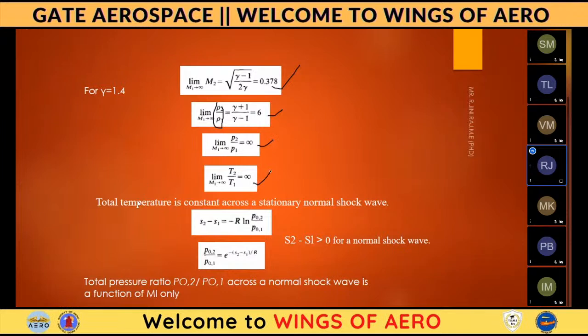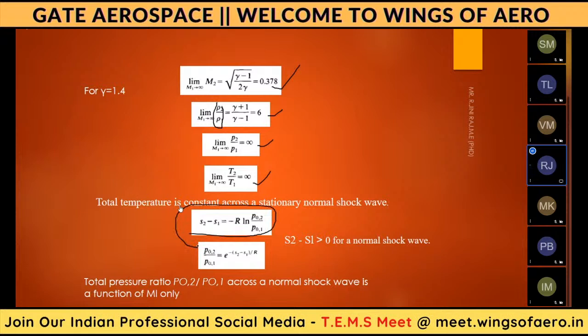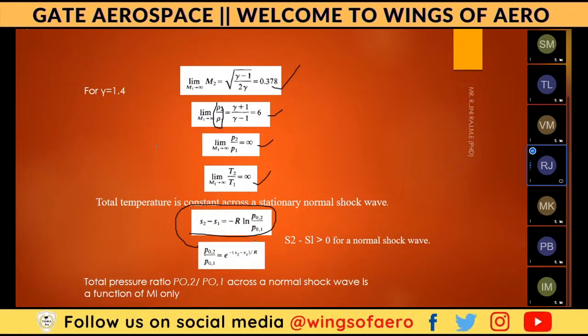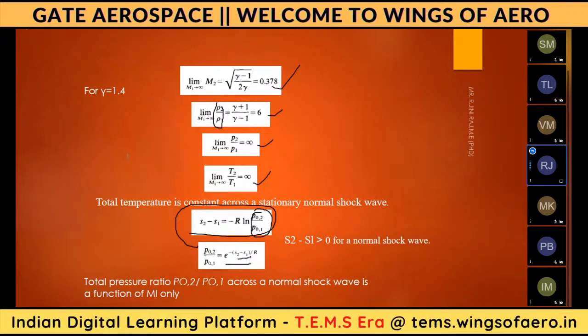And also, please note down this: entropy increases across the normal shock. So S2 minus S1 equal to minus R ln (P02 divided by P01). From that, the stagnation pressure ratio P02 divided by P01 equal to e to the power of minus (S2 minus S1) divided by R.